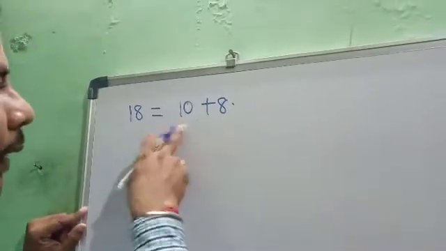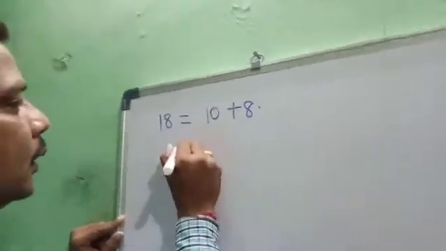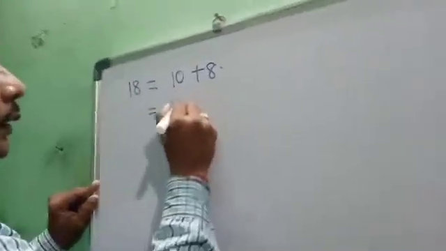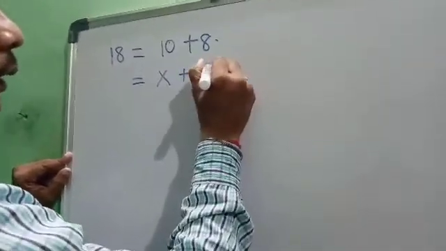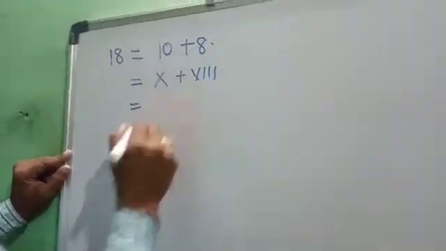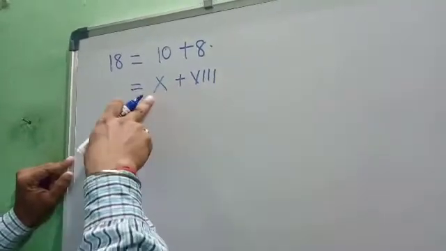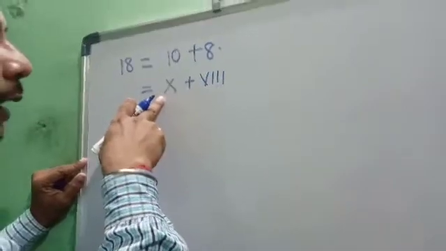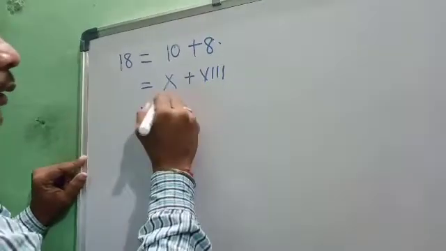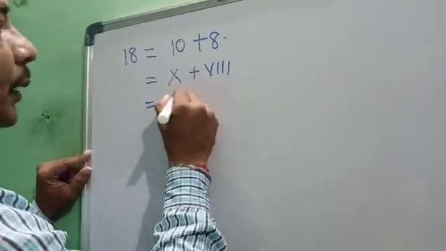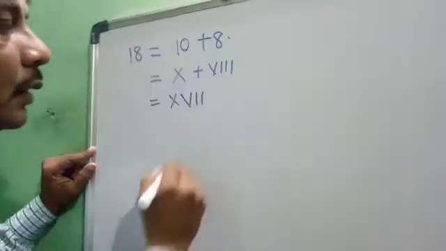Here I am adding both numbers. 10 means X and 8 means VIII. So when you add the letters, write them from left to right. Then it is XVIII.